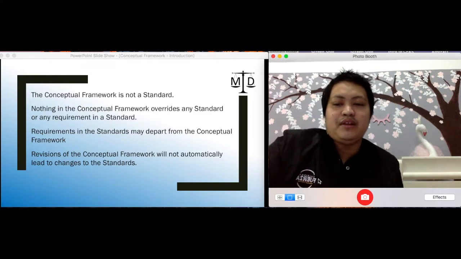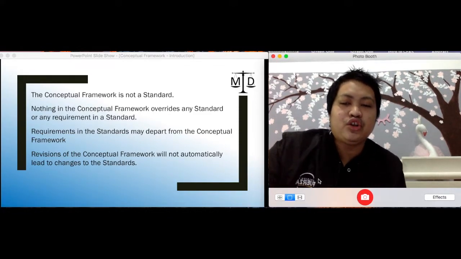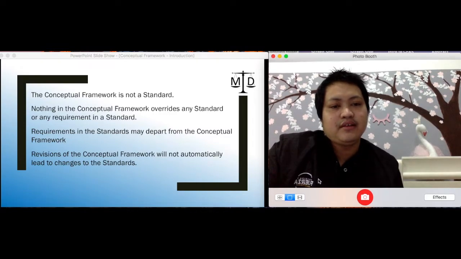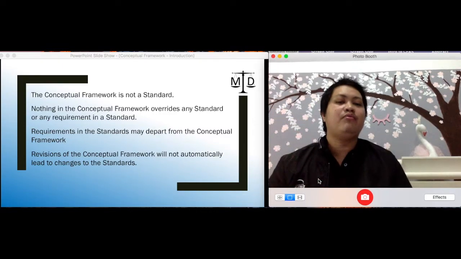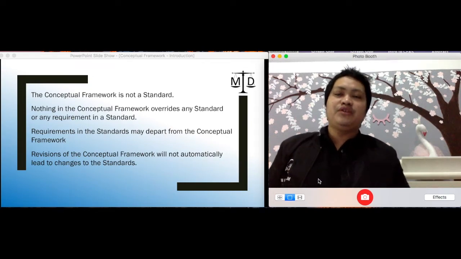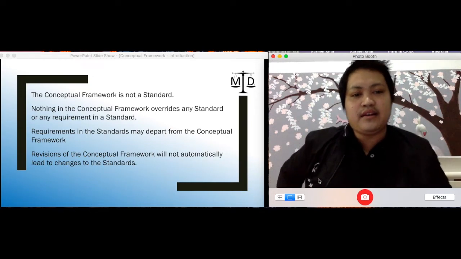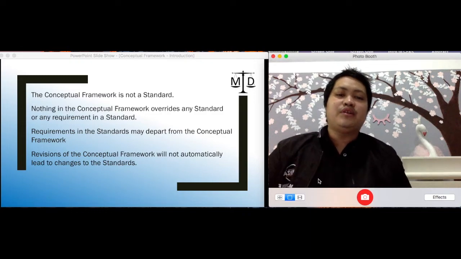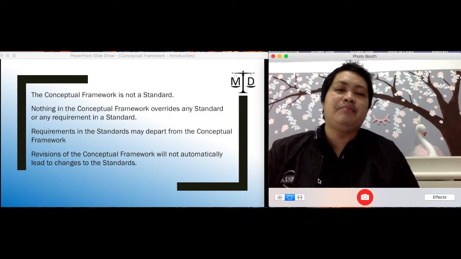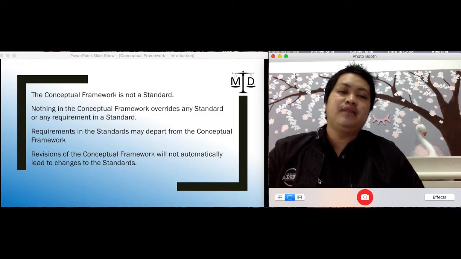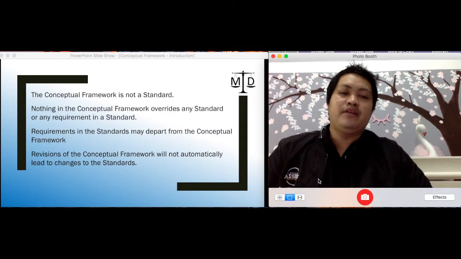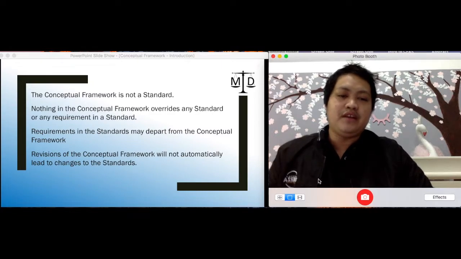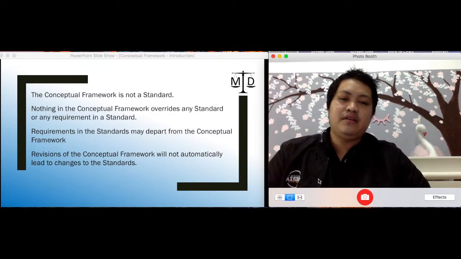Last statement would be that the revisions in the framework will not automatically lead to changes in the standards. So just like the current framework, the 2018 framework, there's a significant change in the definition of assets and liabilities, but those changes are not automatically adopted in the standards. The standards themselves must be revised or amended so as to adapt, if needed, the changes in the framework.